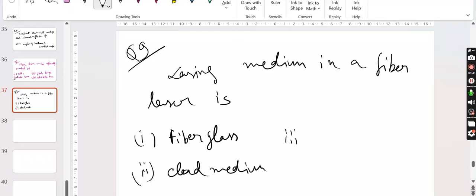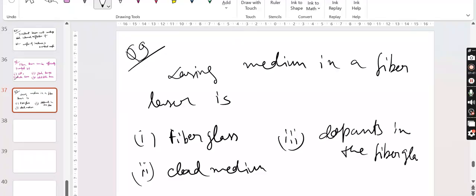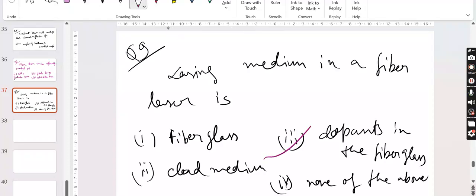Clad is there for the mechanical strength. Dopants in the fiberglass, that is actually the lasing medium. Option 4 is none of the above. So that is the answer.